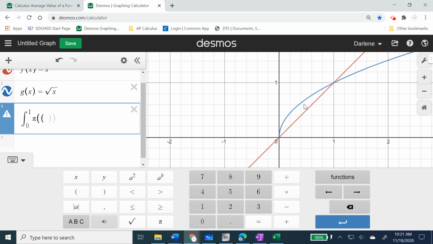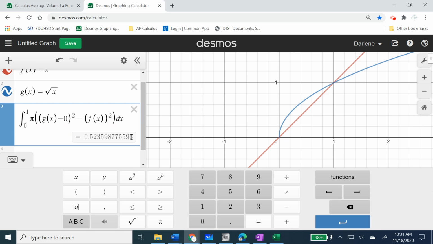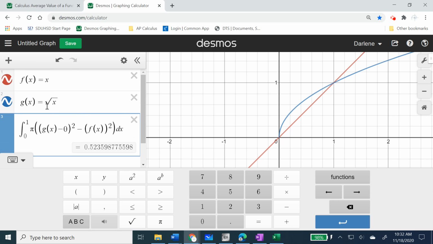Then I have the g of x function, technically minus 0. I'm throwing that in just for in case purposes, squared, minus, and then another parentheses for the inner radius, which will be f of x squared, and then a final end parentheses dx. So you'll have to type in the whole thing, but you can use the function names.